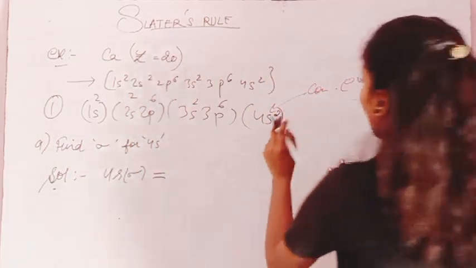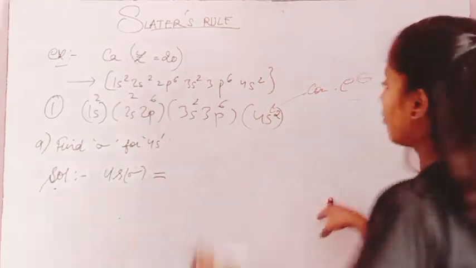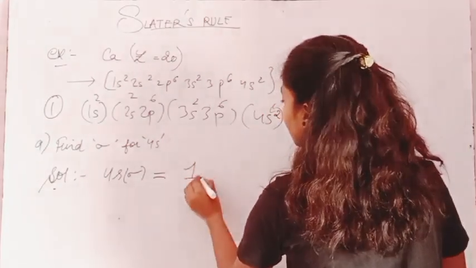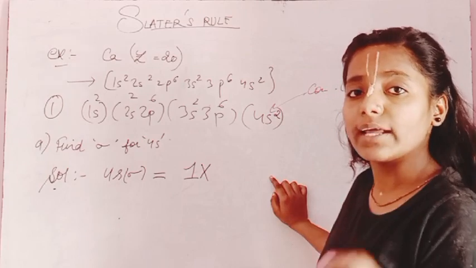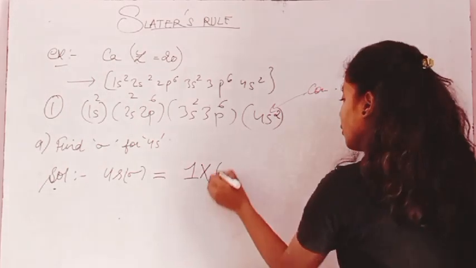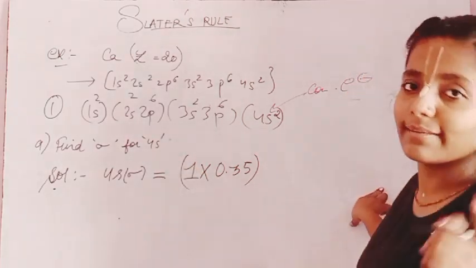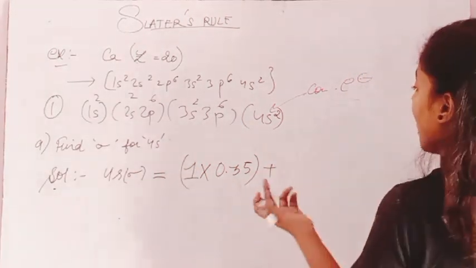Now we have taken 1 electron for finding the sigma, so we are left with only 1 electron. That is your 1. And we all know, for an electron in the same shell, the contribution is 0.35. And that's amazing that you are understanding this, because it's kind of a tough thing to understand.